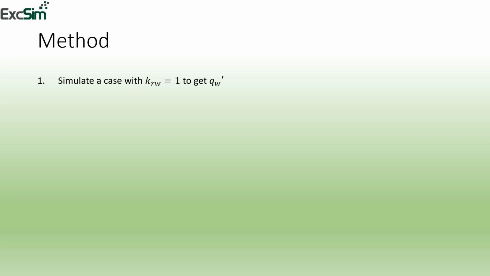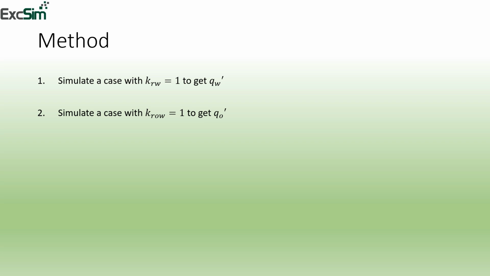So the first step is to find what the water baseline is, the single phase case. And we do that by simply modifying the input to the model by setting the relative permeability to water equal to 1, regardless of the water saturation.